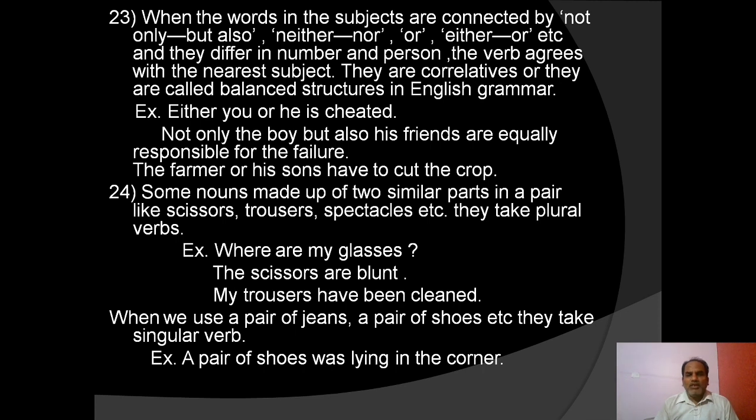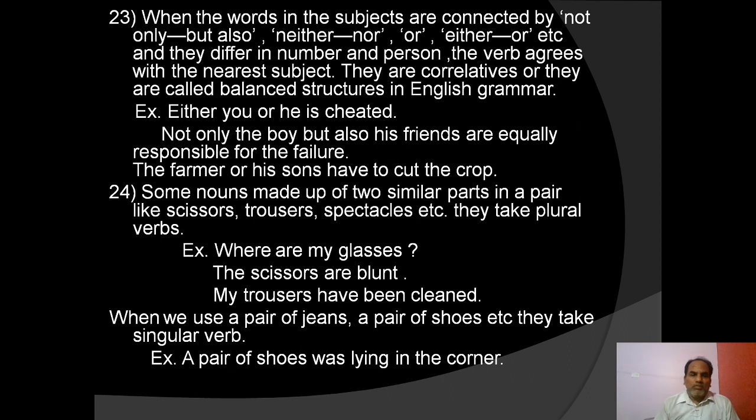And the nearest is noun. Not only the boy but also his friends are equally responsible for the failure. So here his friends is the nearest subject of the verb, so the verb are agrees with the nearest subject, his friends. The farmer or his sons have to cut the crop.